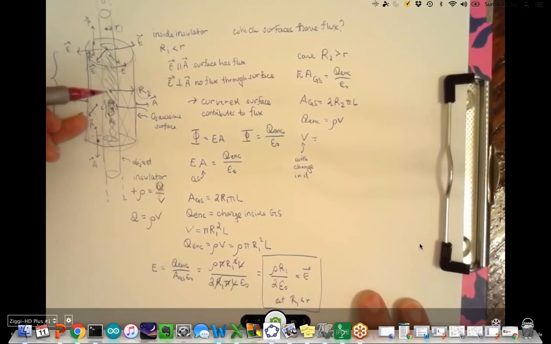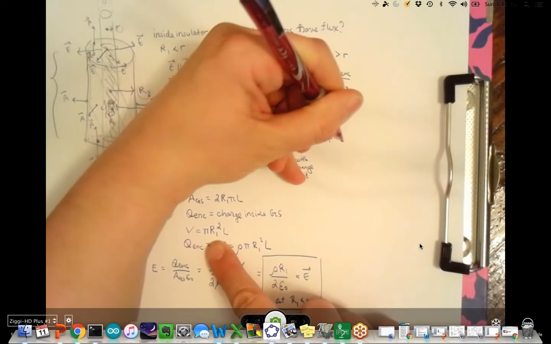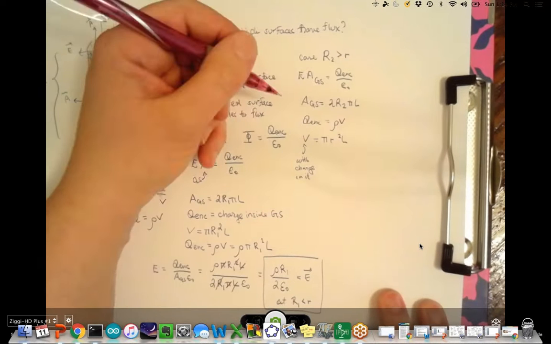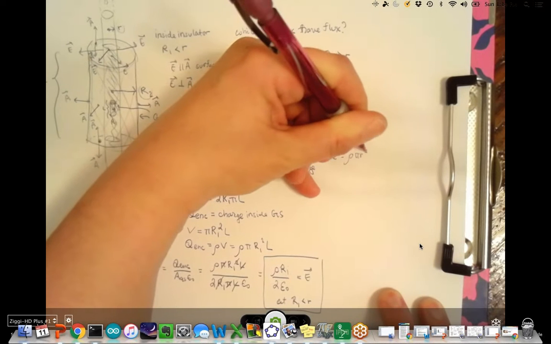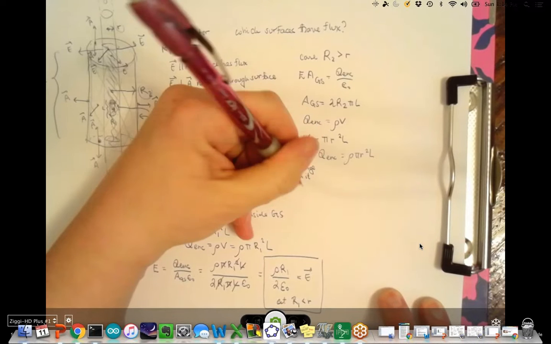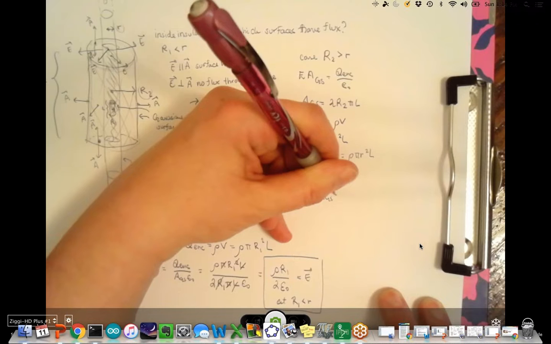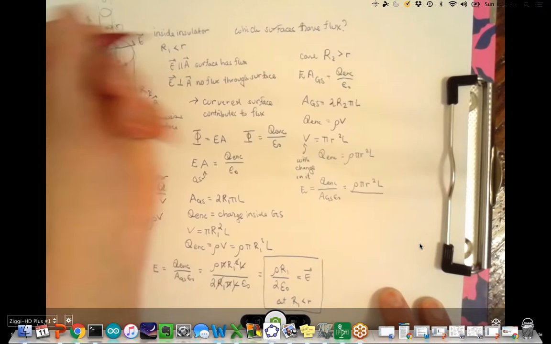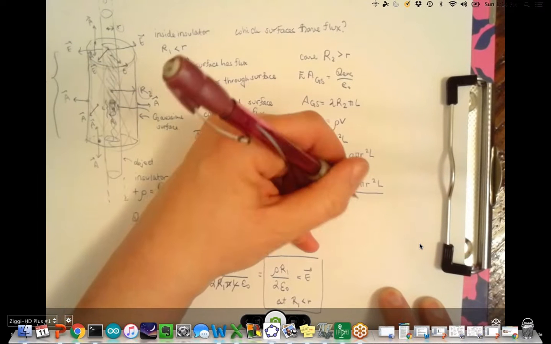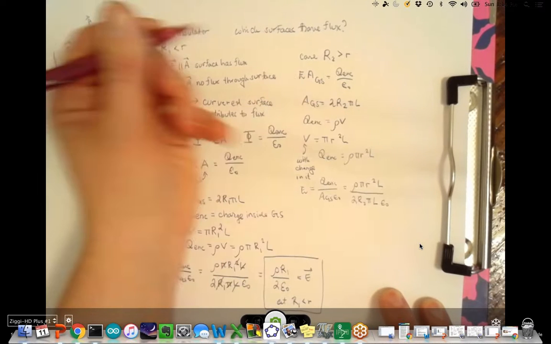All right, and that volume is going to look like the same one down here. It's going to be pi little r squared times L. And that means that our Q enclosed is going to be rho pi little r squared L. So E is going to be Q enclosed over area of the Gaussian surface times epsilon naught, which is going to be rho pi little r squared L over our area, which is 2 pi R2 L times epsilon naught.